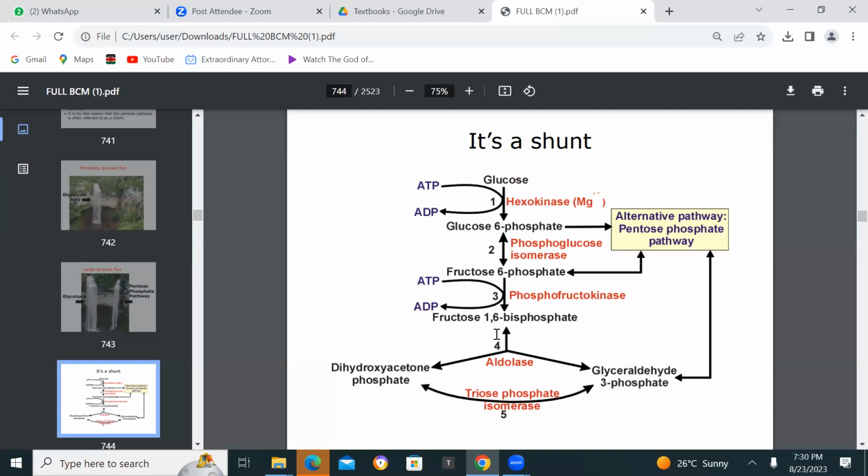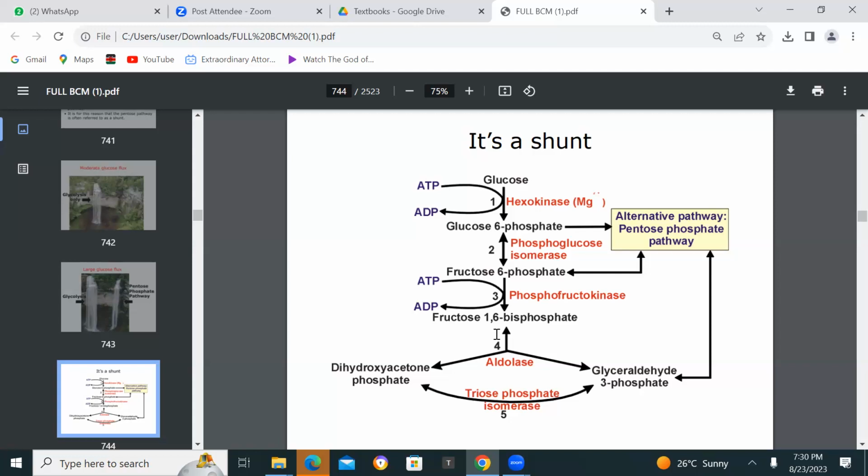Now depending on the body's needs, it can be converted to 5 carbon molecules, maybe for rapidly growing cells that need to be replicating.